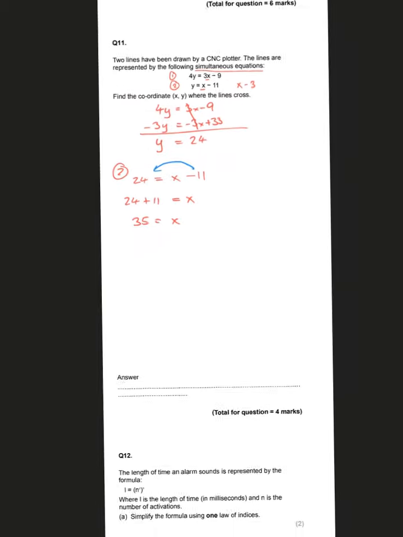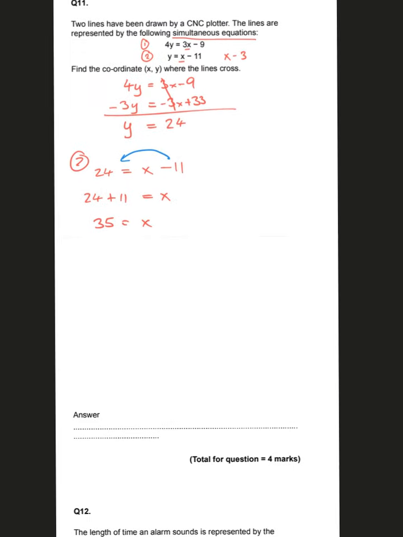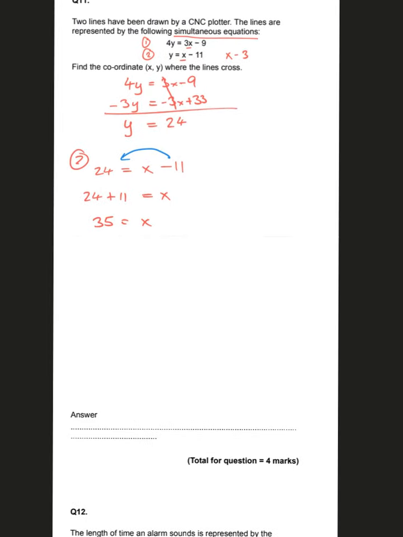Now, it's always worth just checking your answer with another equation. So in here, I used equation number 2. So I'm going to check my solution using equation number 1. So 4 times y, 4 times 24 is equal to 3 times x, so 3 times 35 minus 9.